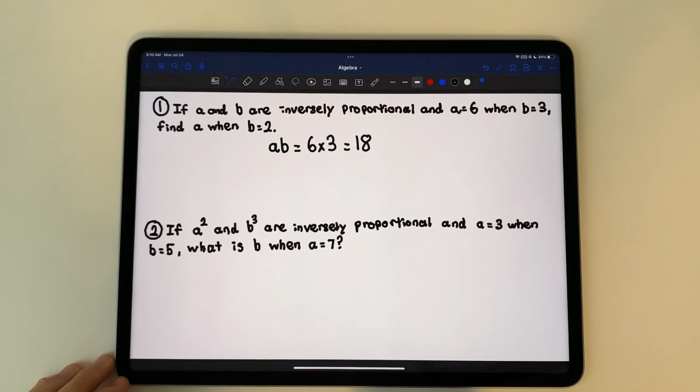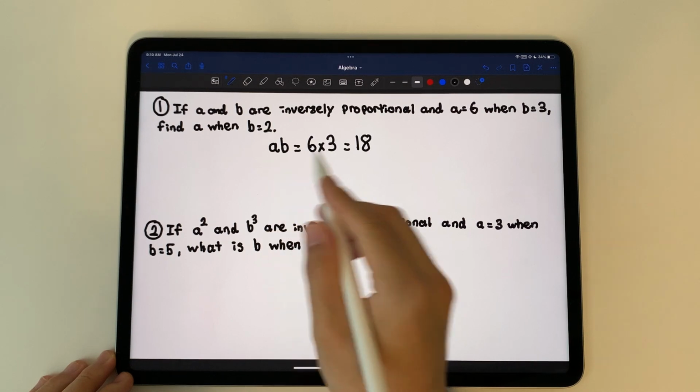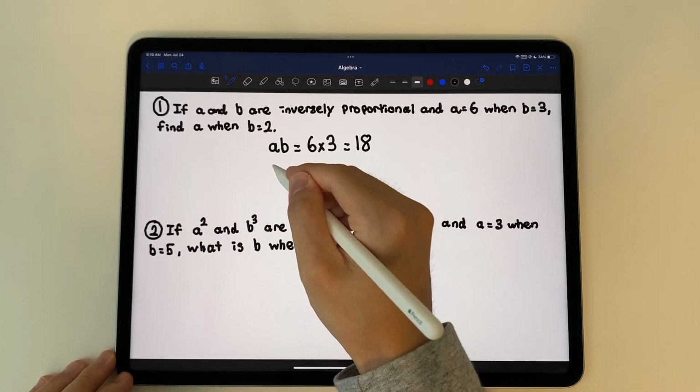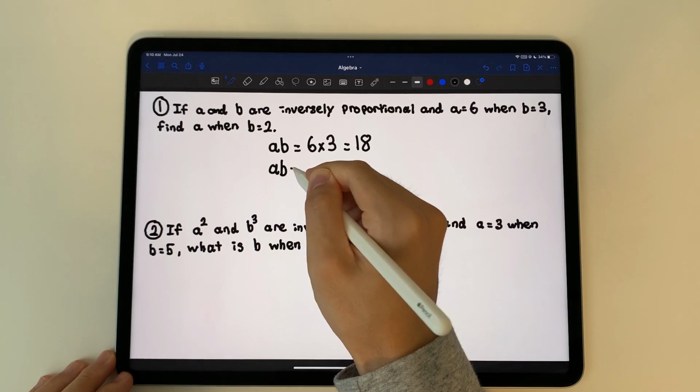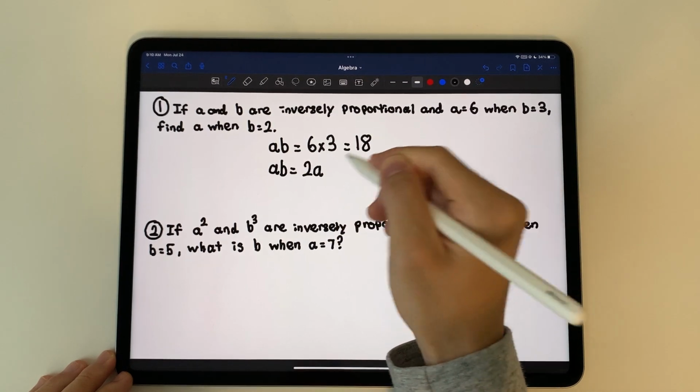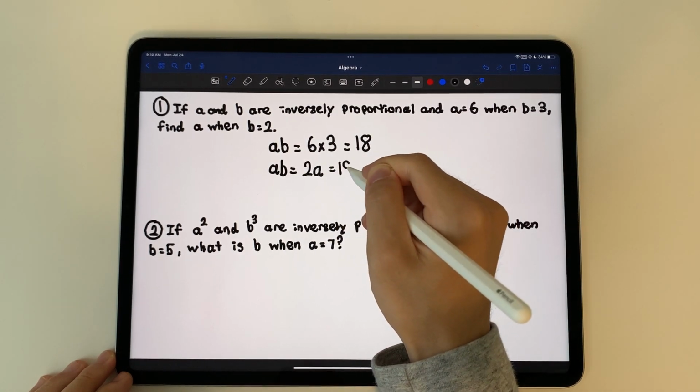Now we need to find the new value of A when the B changes to a 2. But since A and B are inversely proportional, AB is always equal to 18, which means that 2 times A should be equal to 18.